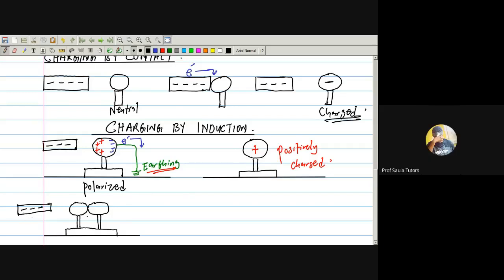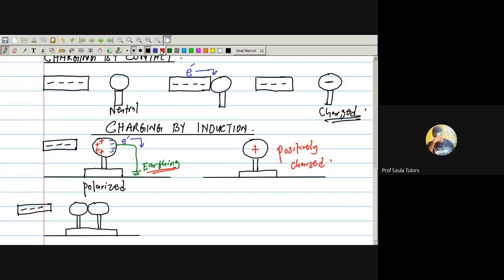Now observe what happens here. Remember, these two are neutral. Then what do you think will happen here? Same principle as the one above. If you bring this negatively charged metallic object close to this neutral sphere, there'll be a kind of separation of charges.